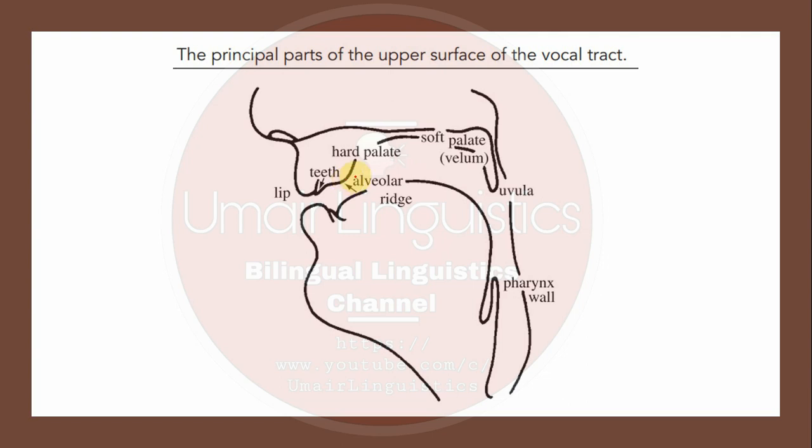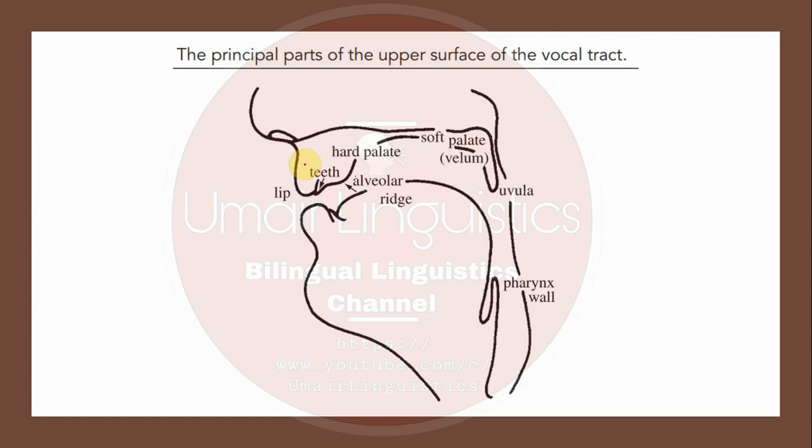It is the alveolar ridge, and you can touch this place with your tongue. Behind it we have the hard palate, you can also touch it, and behind it we have the soft palate, which is also known as the velum. So these are the principal parts of the upper surface of the vocal tract.